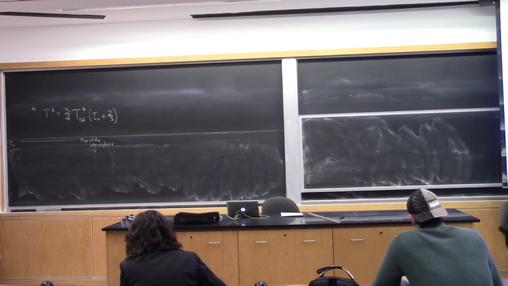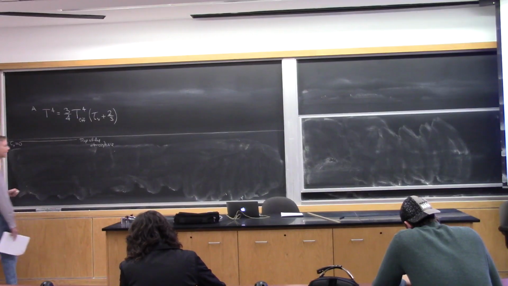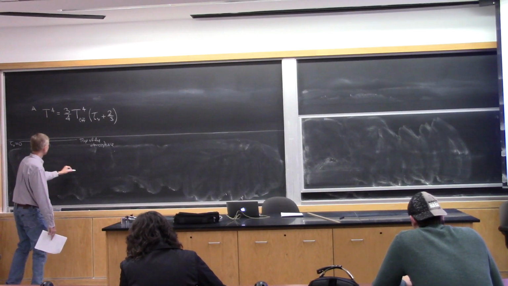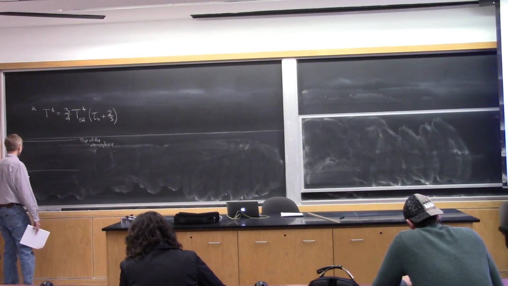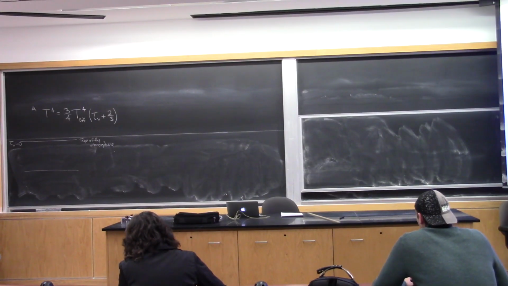And so tau vertical is equal to 0 at the top of the atmosphere. Every different layer has some physical depth below the top of the atmosphere, but it also has the optical depth, which is scaled by kappa rho.